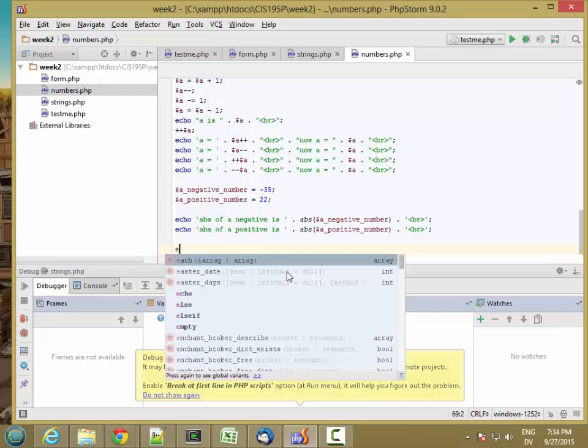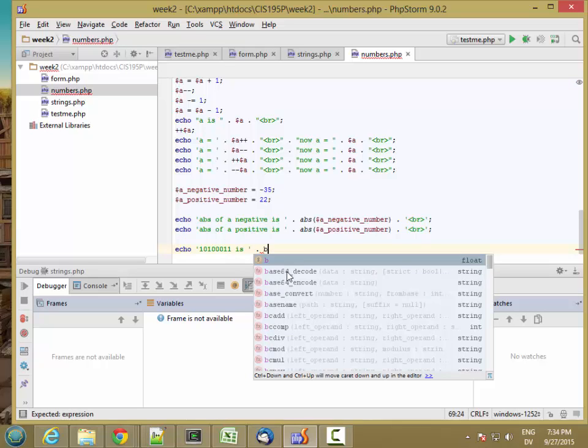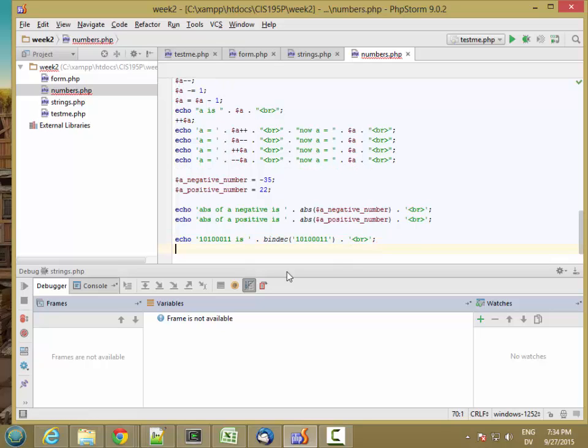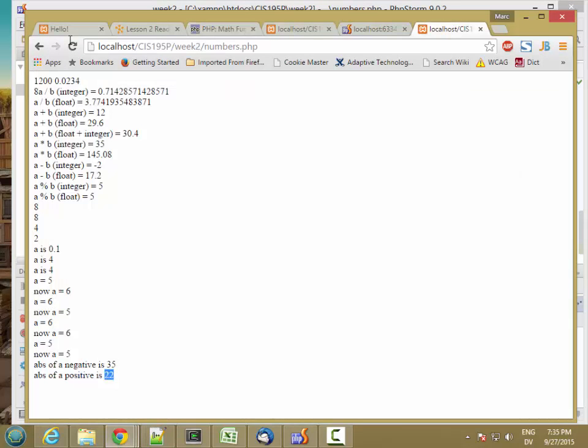So for example, 10100011 is bindec of 10100011. So this number in binary is 163 in decimal.